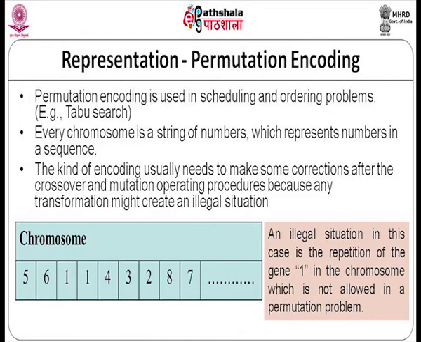The sequence of the string of numbers is fixed or decided, and you cannot violate the string conditions. Previously we had each one individual, here it is strings, that is why it is called permutation encoding. For example, this is a permutation encoding, it is having numbers, but the string is decided.